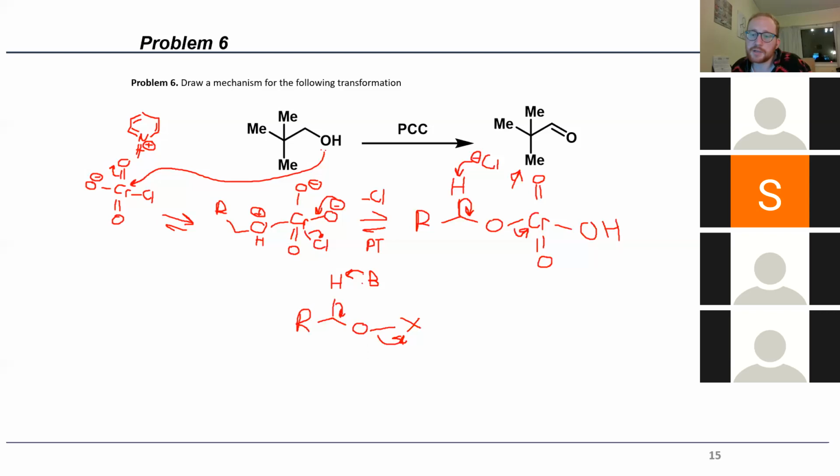Does the elimination not occur through an intramolecular mechanism? So for PCC oxidations, yeah, that's a good point. You can also invoke an intramolecular mechanism. I have seen both in the literature.